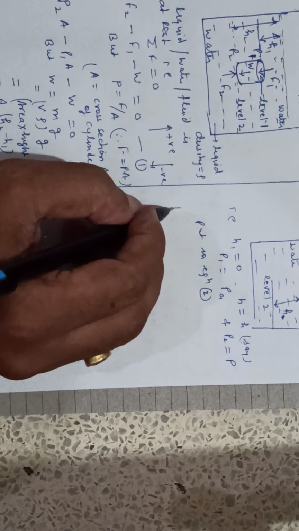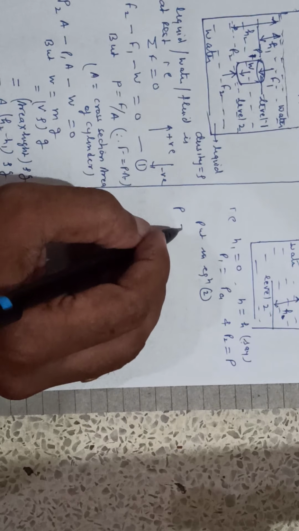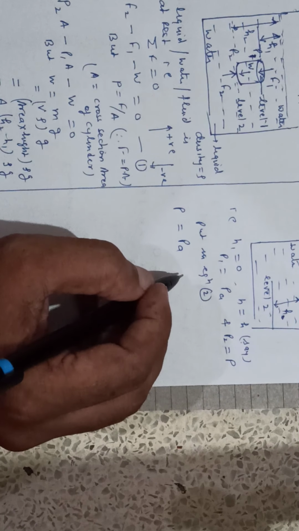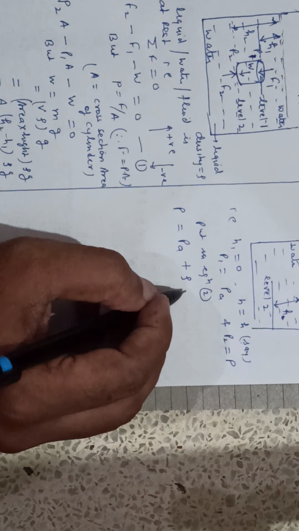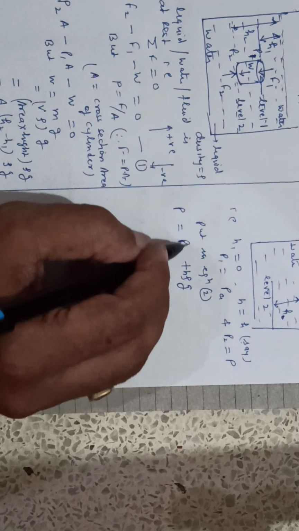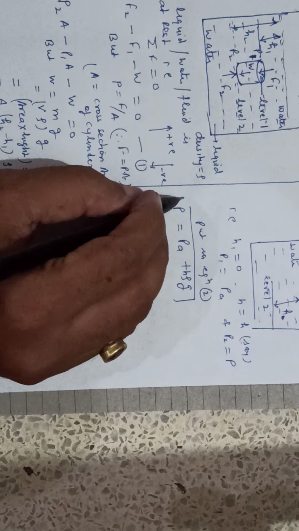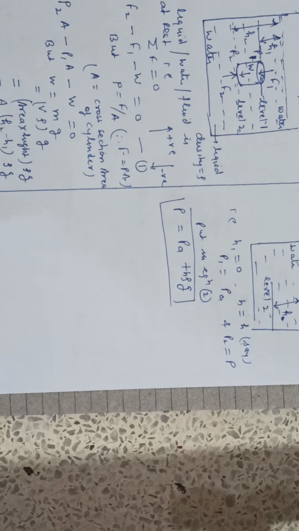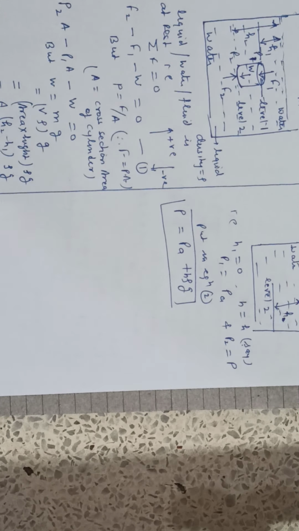we get P is equal to P_A plus H rho G. Which means the pressure at depth H is greater than the pressure on the surface of the liquid.